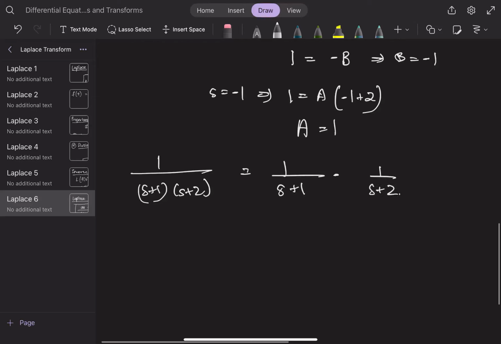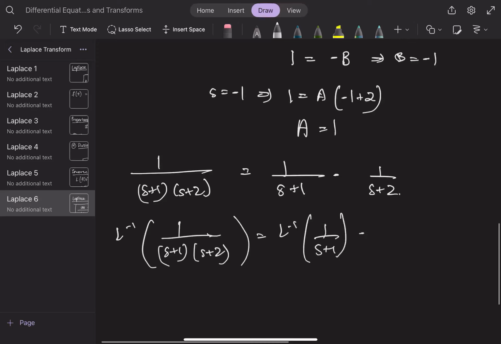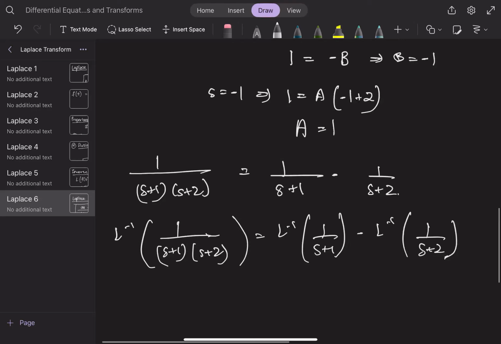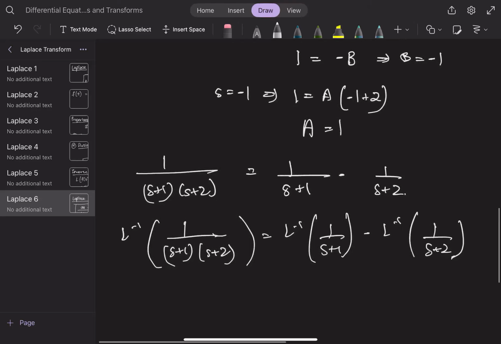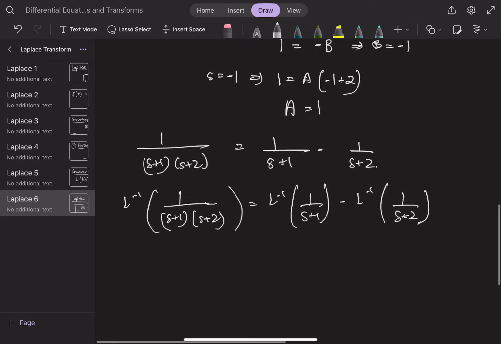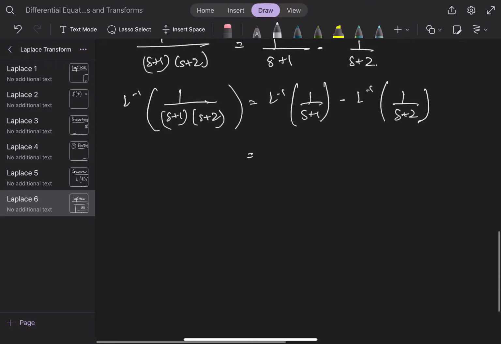Now we can take the Laplace inverse on both sides, which is Laplace inverse of 1 upon s plus 1 minus Laplace inverse of 1 upon s plus 2. So this becomes e raised to minus t minus e raised to minus 2t. This is your answer.